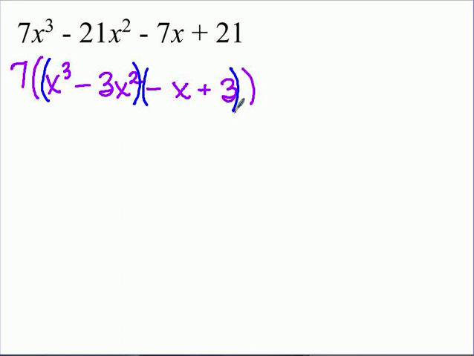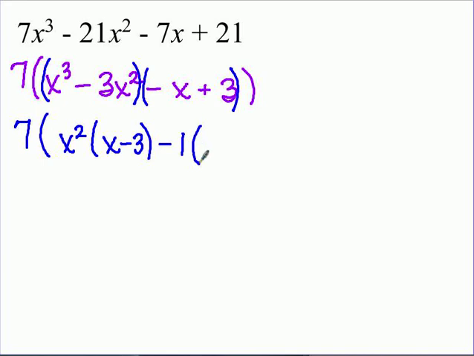Okay, so I've still got that 7 out front. Remember, we just leave that 7 there. What can I take out from the first couple? x squared, and then that leaves me with x minus 3. What can I take out from the second couple? Be careful. Negative 1. Why does it have to be a negative 1?